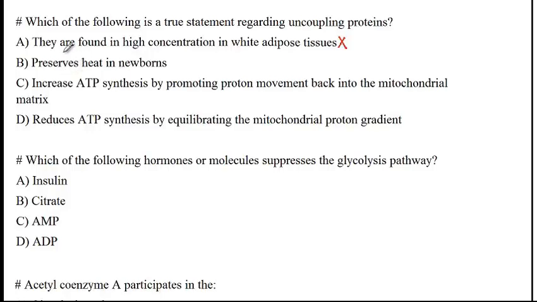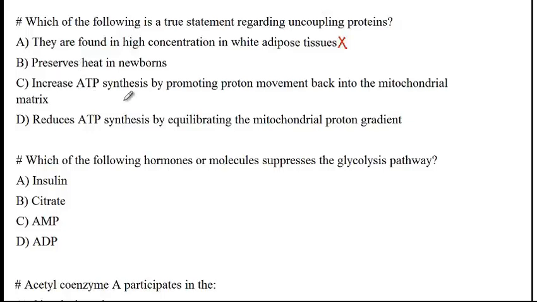It's not preserving. Preserving heat is the function of the white adipose tissue, which provides an insulating sheet. But brown fat doesn't preserve heat, but rather generates heat. So the uncoupling proteins function by generating heat. So just be careful of the wording.